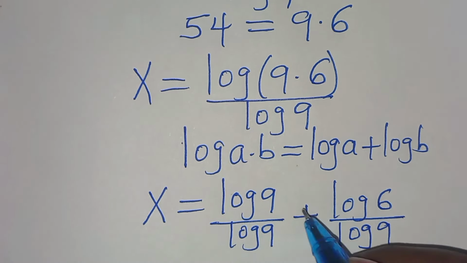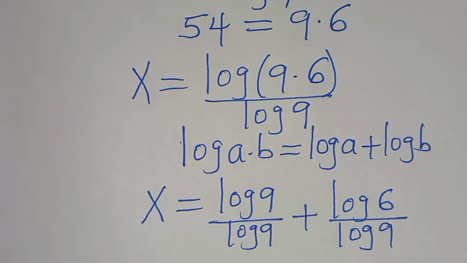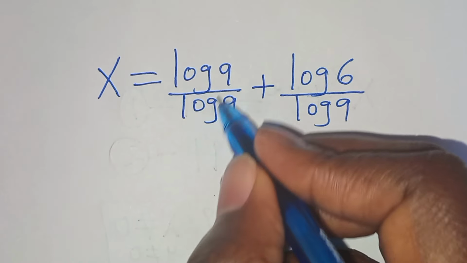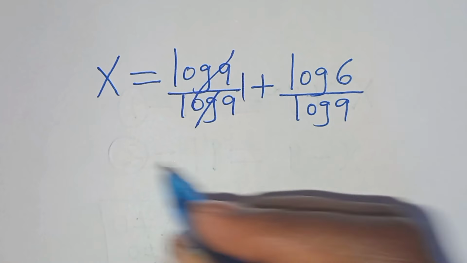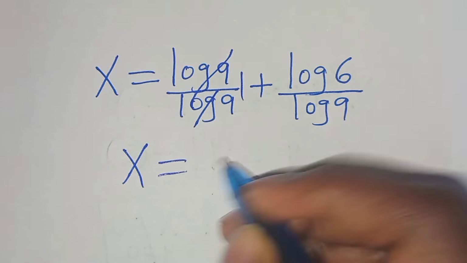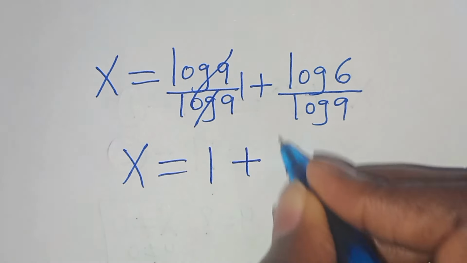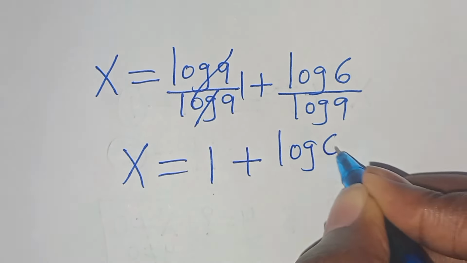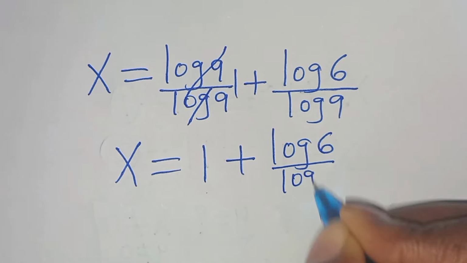So from here we can simplify log 9 and log 9 so that now x is equal to 1 plus log 6 divided by log 9.